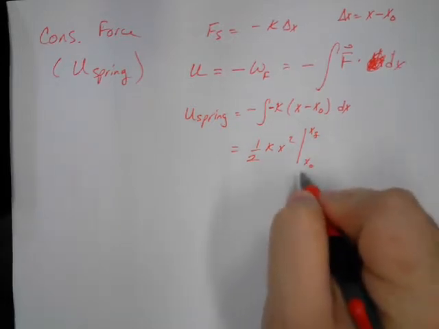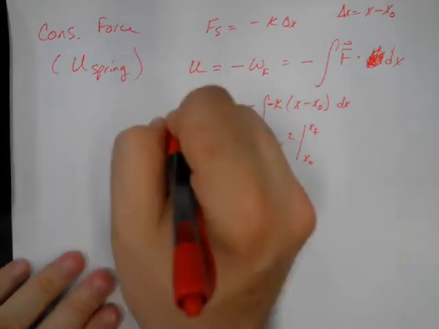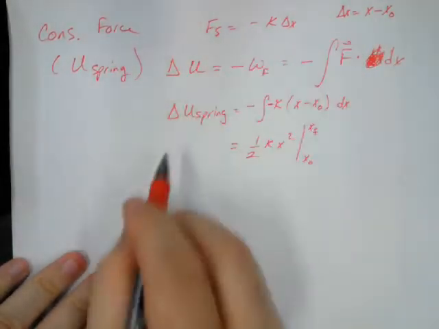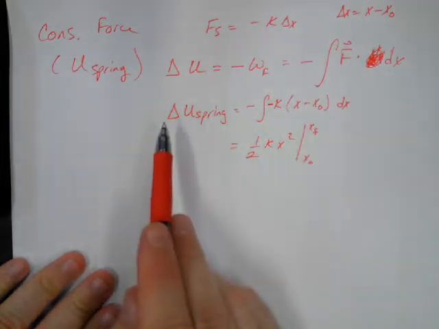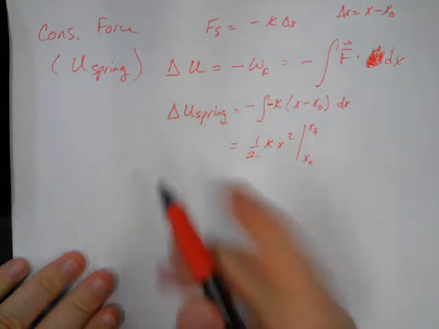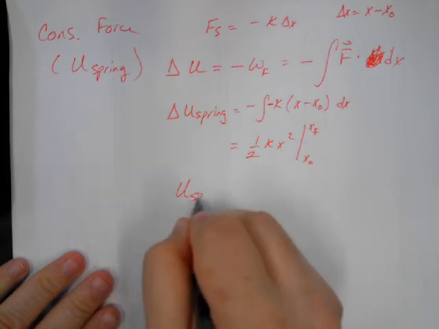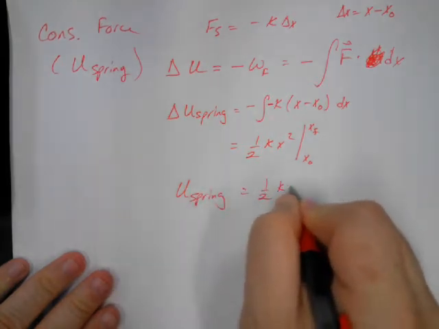But the evaluation at x initial should be 0. But anyway, this is the change. The change in energy is defined as this. And so our definition for the potential energy is 1/2 kx squared.